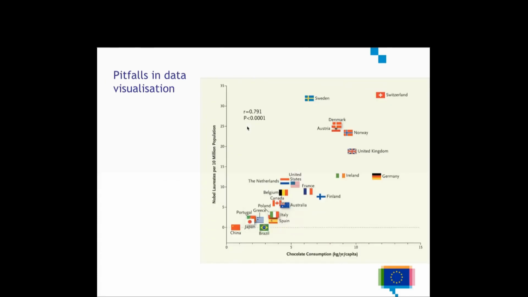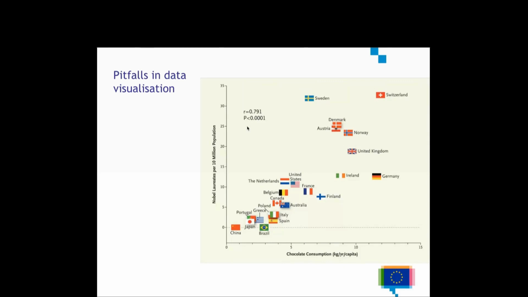So with charts you can suggest correlation, and one of the chart types that is used a lot for showing correlations are scatter plots. And this is an example of a scatter plot. On the y-axis here you have the chocolate consumption in kilograms per capita per year for different countries, and on the x-axis you have the number of Nobel Prizes won per 10 million inhabitants.